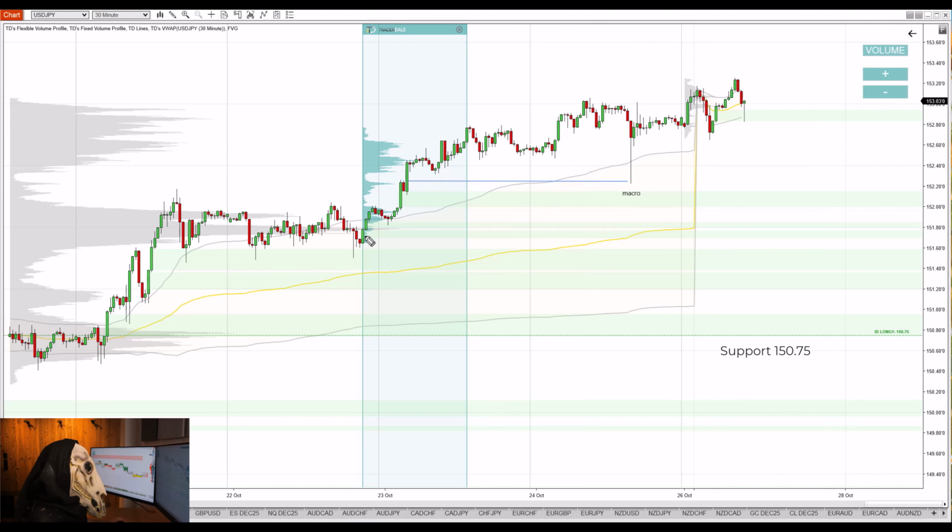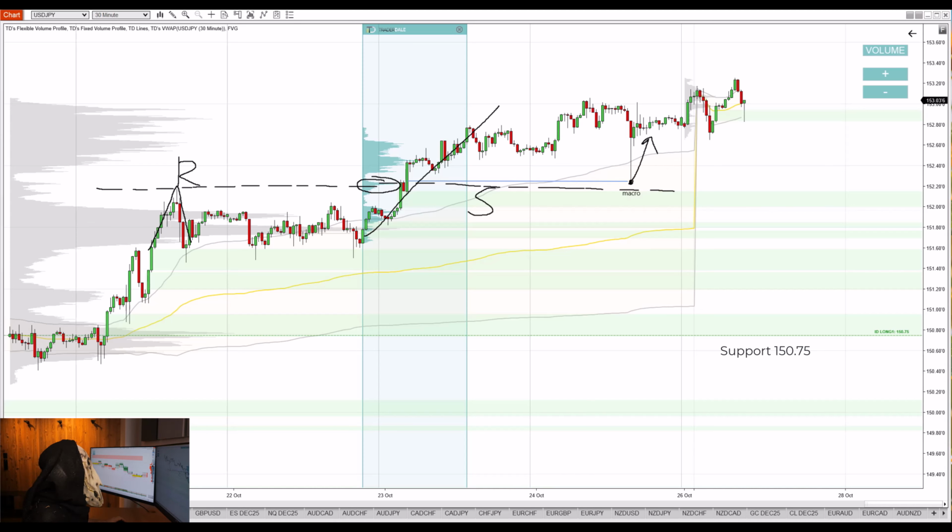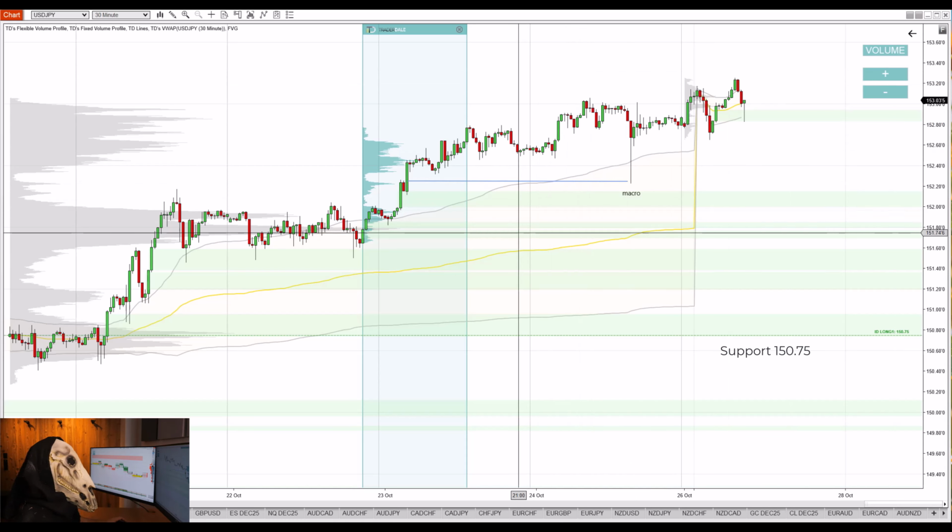A trend, a heavy volume zone within the trend, and also if you look here, the price reacted here before. That means that it was a resistance that turned into a support when the price went past that resistance, right? So a nice combo, nice reaction to it. Unfortunately, it got hit during macro news. Alright, so that's for the Japanese yen.